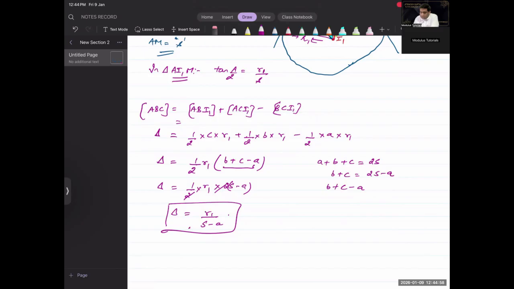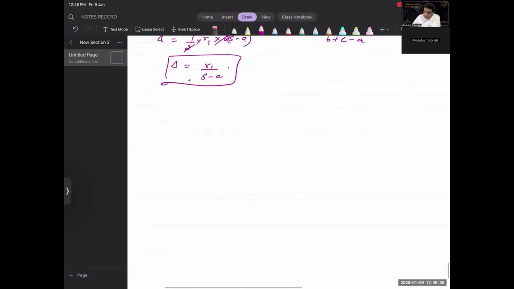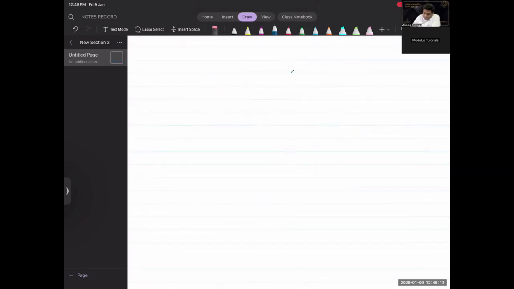Easy. Now, currently in this entire episode, I have been drawing only one excircle, which is opposite to A. But eventually, if you see this as a proper picture, this is one triangle, this is ABC. Then you have to extend the sides.